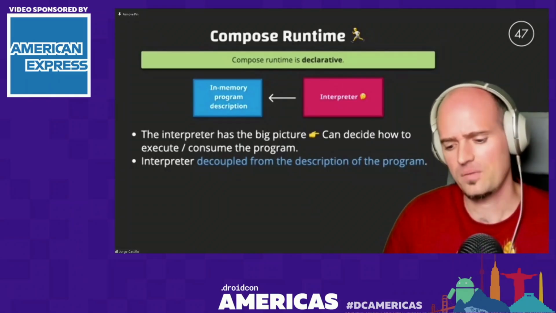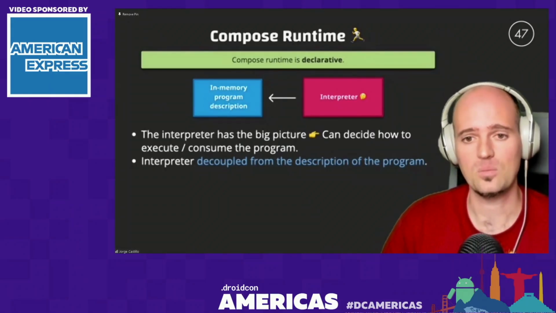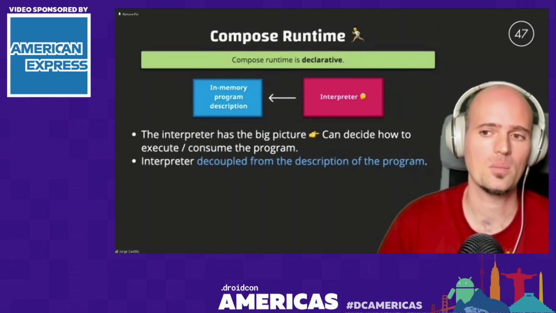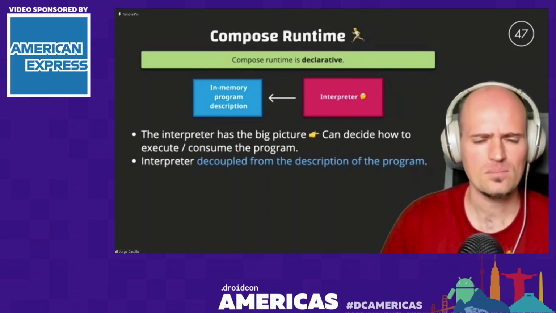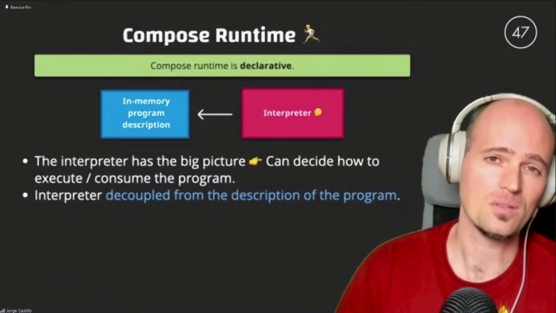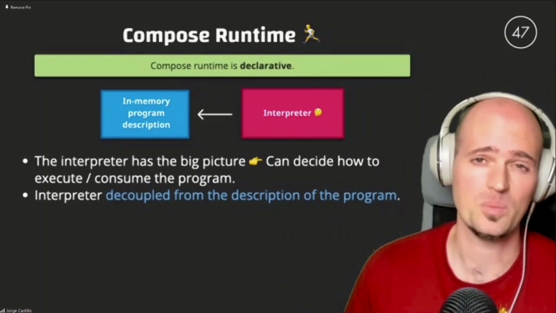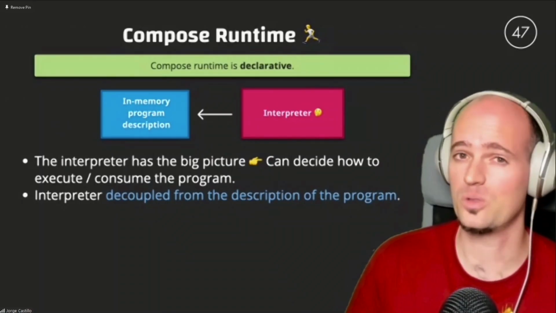So once we have everything generated at compile time, and the runtime ready to go, we can start. The runtime in Compose is interesting because it applies the idea of declarative programming, or separation of concerns. It creates an in-memory description of the program that describes how your UI is going to look.